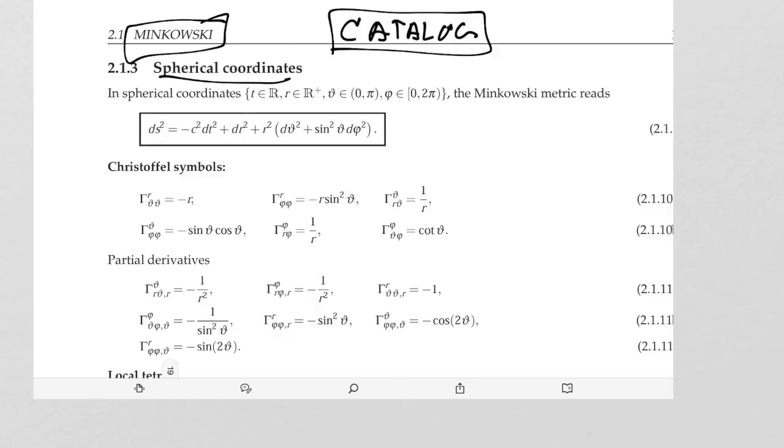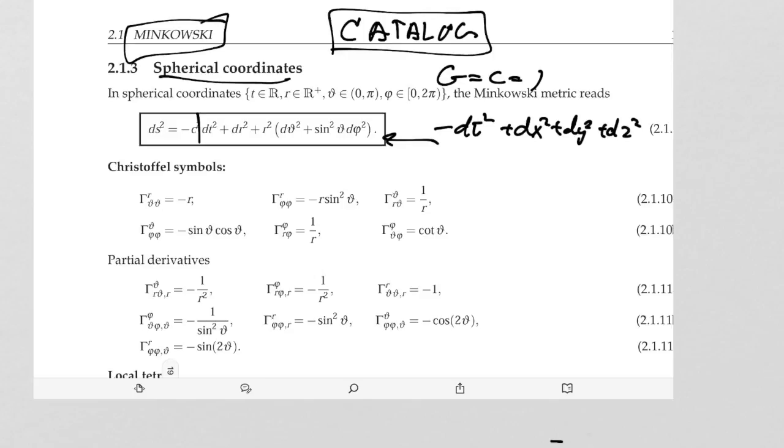This is something we need to understand to start with: a coordinate transformation from Cartesian to spherical coordinates in Minkowski spacetime will take the metric that goes minus dt squared plus dx squared plus dy squared plus dz squared and give you this in the coordinate system where G equals c equals 1. So this c squared is just a 1 in our coordinate system.